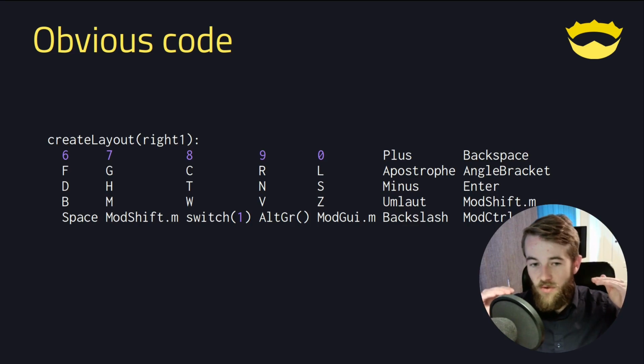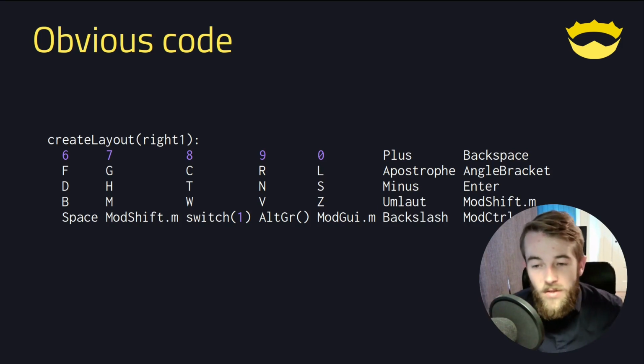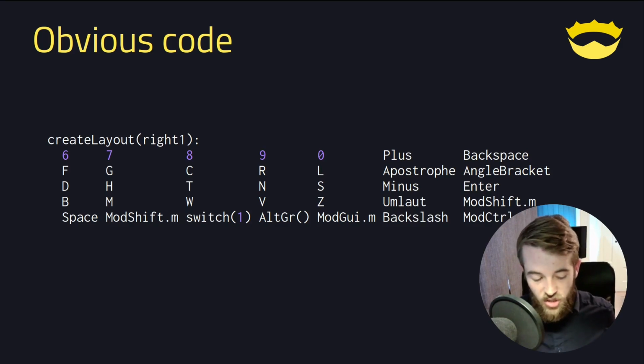So in C code, if I were to write this in C, that would mean that these would collide. It wouldn't ensure that you're putting keys into where keys go and modifiers into where modifiers go.